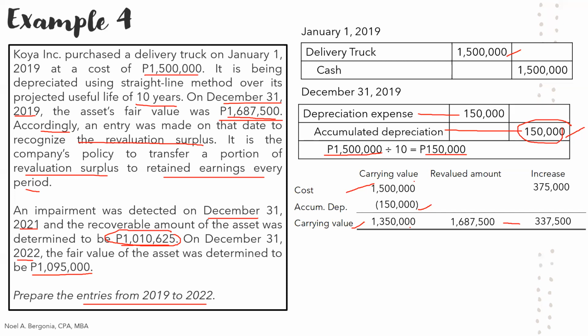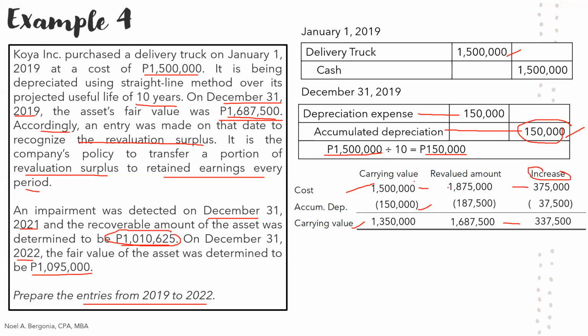Okay, so that would be 0.111111. Multiplying it with the total increase, so the proportional increase in the accumulated depreciation will be 37,500. Okay? So to complete the table, our recoverable amount or the revalued amount for the costs was already 1,875,000 dahil dun sa increase. Then as to the accumulated depreciation, it should be 187,500 na po.